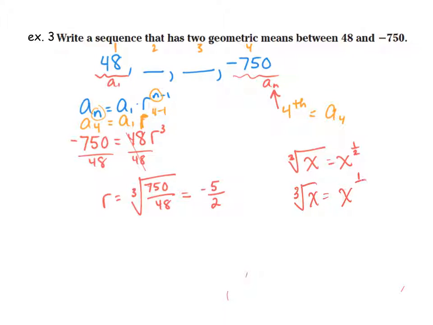X to the 1/3. Exactly. So on your graphing calculator, there's a little caret symbol that looks like this. It's right below the clear button on the right. Do you see it? Yeah, that works. That's the best way to do it on these.